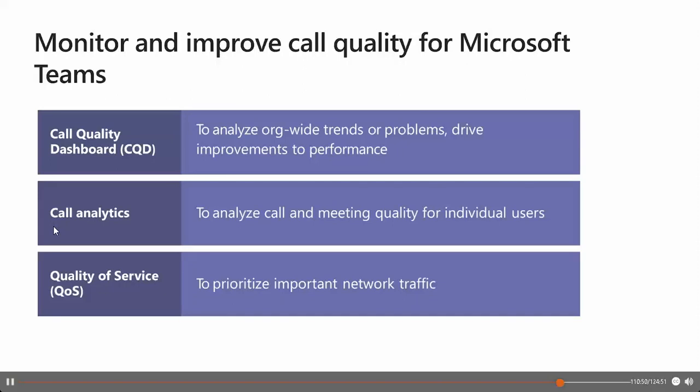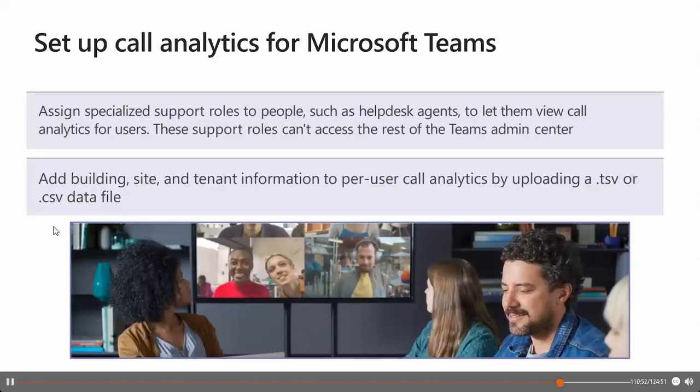So the network engineer checks CQD to see if an overall site-related issue could be a contributing cause of the user's problem. To set up the call analytics for Microsoft Teams, you just give the permission to the support and helpdesk staff. You as the Teams admin have full access to all the call analytics information for all users. Microsoft has created some specialized Azure Active Directory roles that you can assign to support staff and helpdesk agents, so they can also access per-user call analytics without having access to the rest of the Teams admin center.